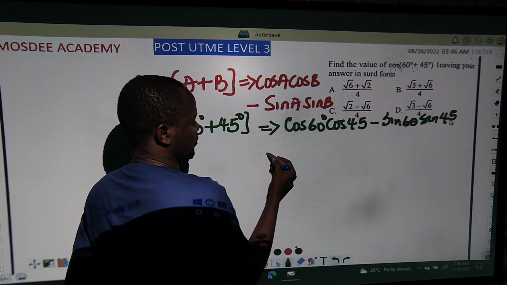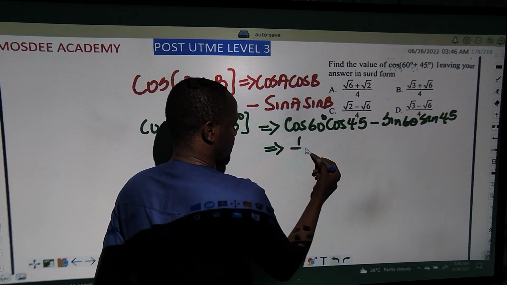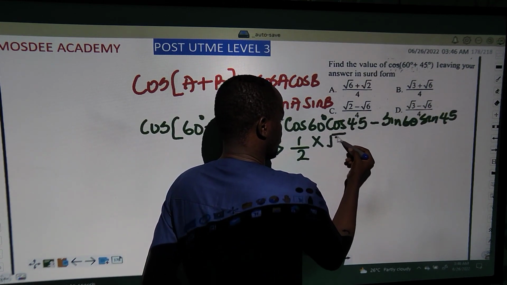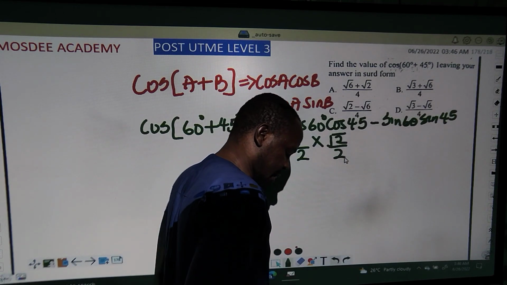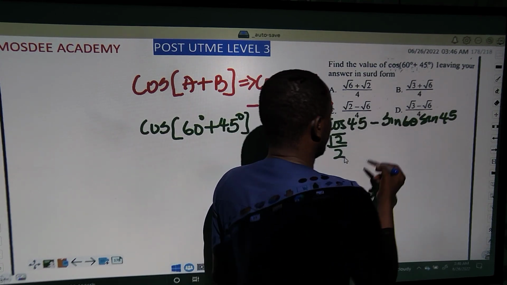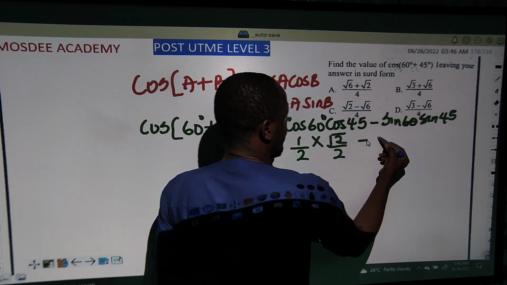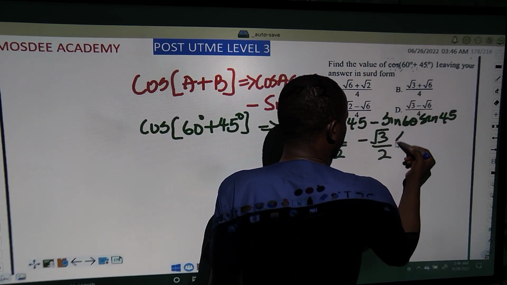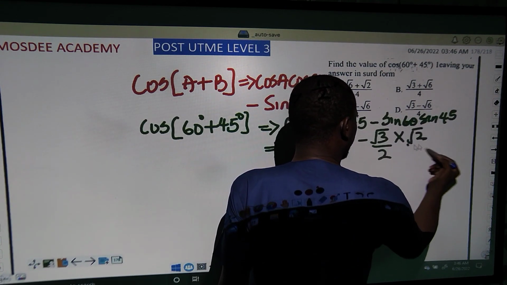From the formula, in surd form, cos 60 is 1 over 2. Cos 45 is root 2 over 2. And this is nothing but minus sine 60, which is root 3 over 2, and sine 45 is root 2 over 2.